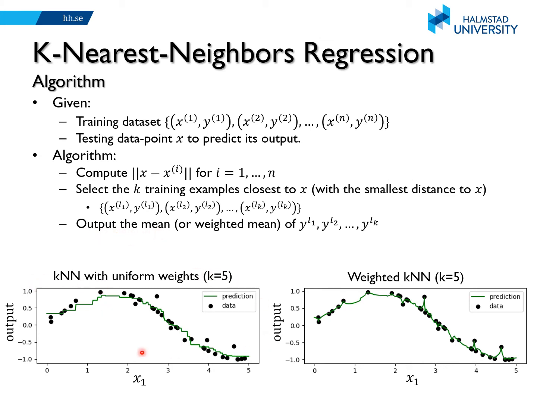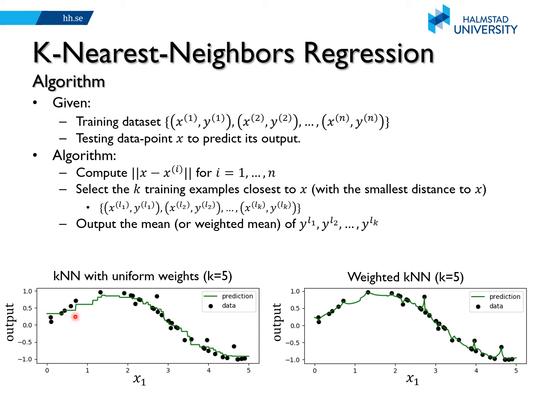This is just an example where we show, based on an example where we have one feature, x1, the predicted output using the 5 nearest neighbors. So k is equal to 5 in this case. The example on the left uses just a simple average, and the example on the right uses a weighted average.